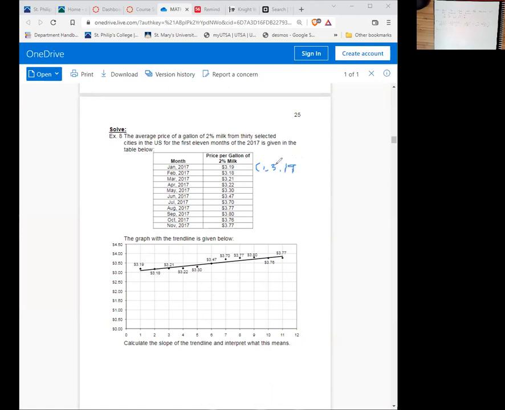Hard to write with this thing, but you see what I mean? This is the X value, the January month, first month, at this Y value, 3.19.